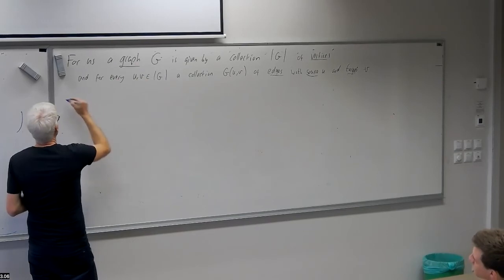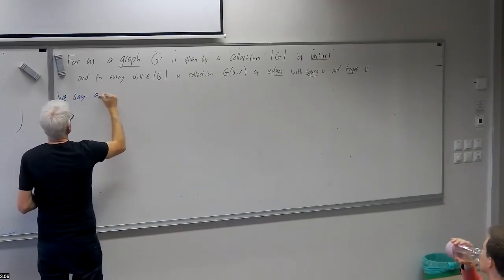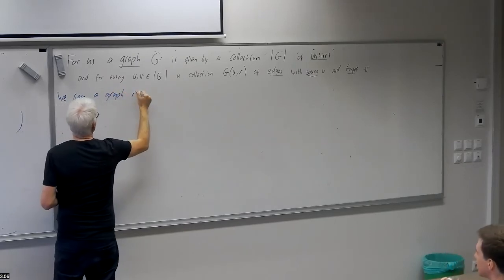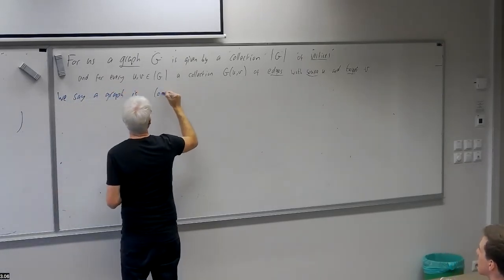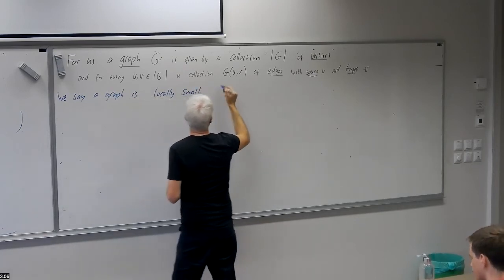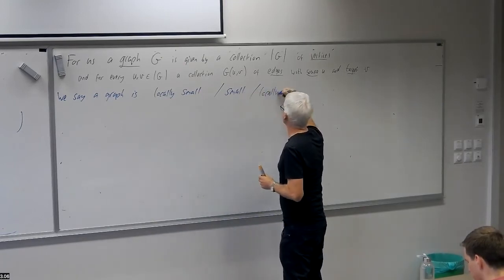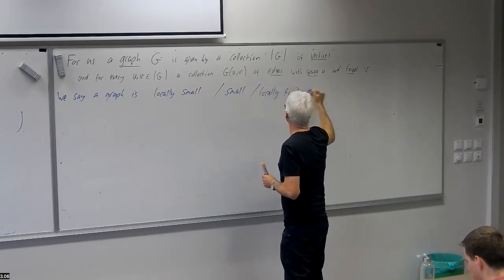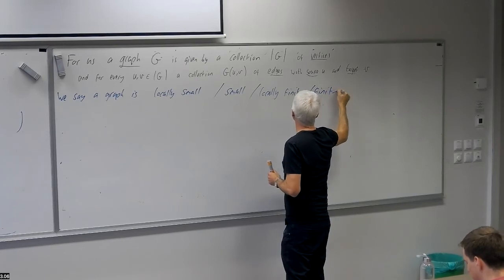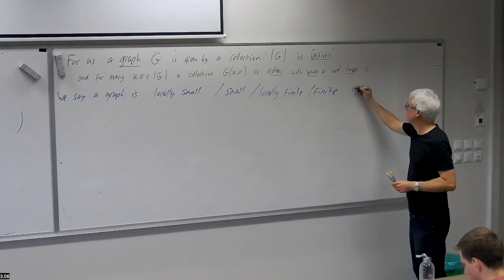And we say a graph is locally small, locally finite, in the obvious way.